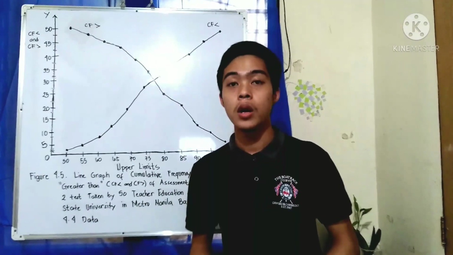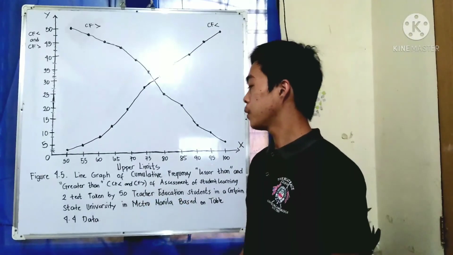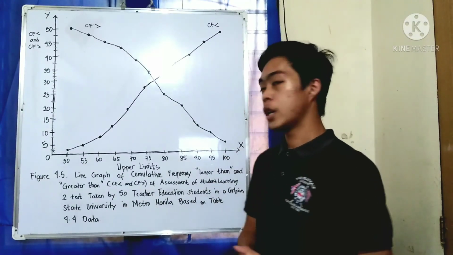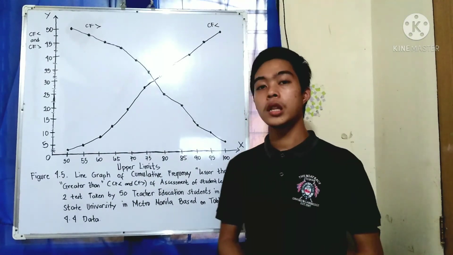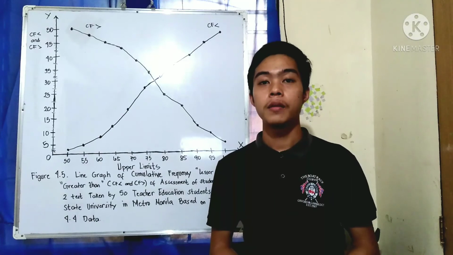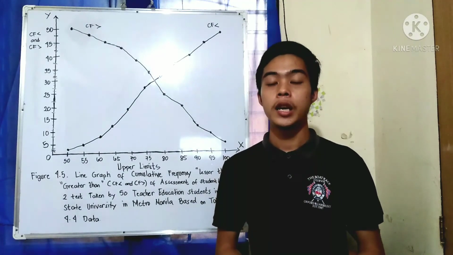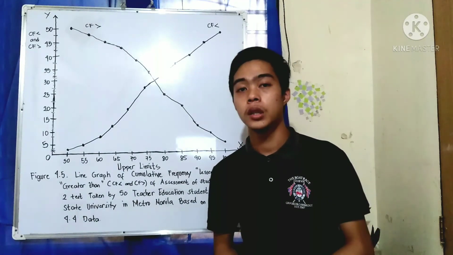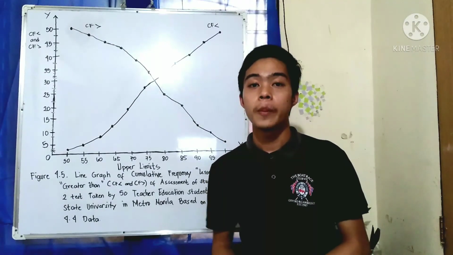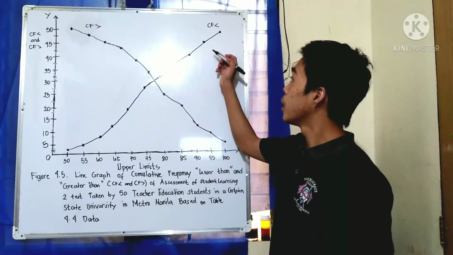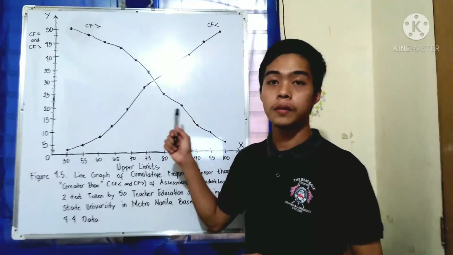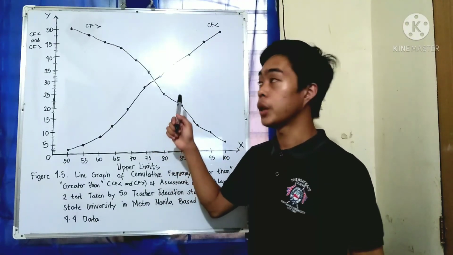Okay, this is now our line graph of cumulative frequency lesser than and greater than for the assessment of student learning test taken by 50 teacher education students in a certain state university in Metro Manila. So, in the cumulative frequency lesser than, the number of cases falling below particular scores can be determined.